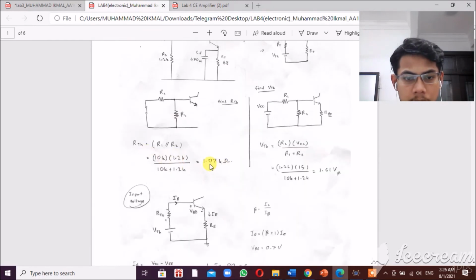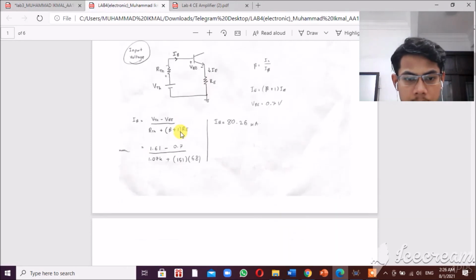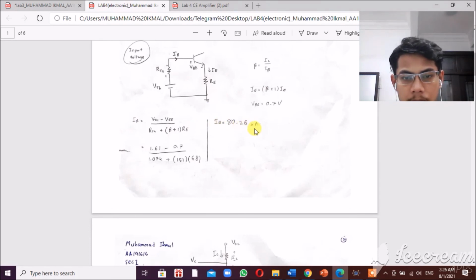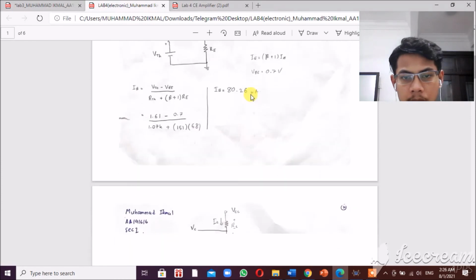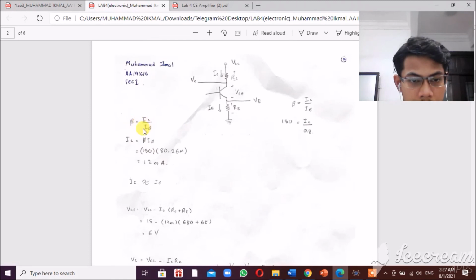I got RTH is 1.07 kilo ohm, and VTH is 1.61 volt, and for the current IB, I got 80.26 microampere, and IC, I got 12 milliampere, and it's quite similar to IE.